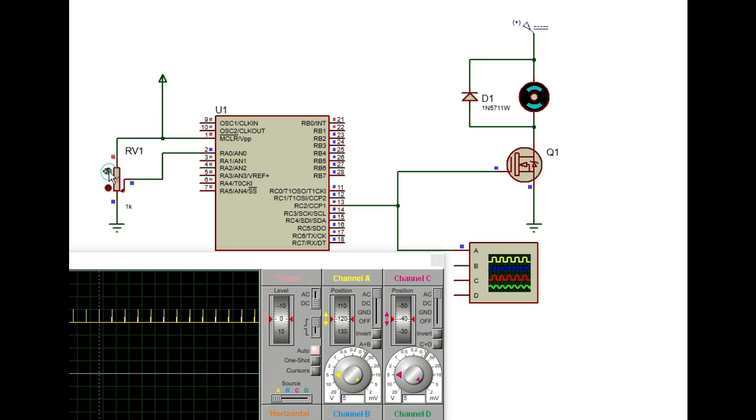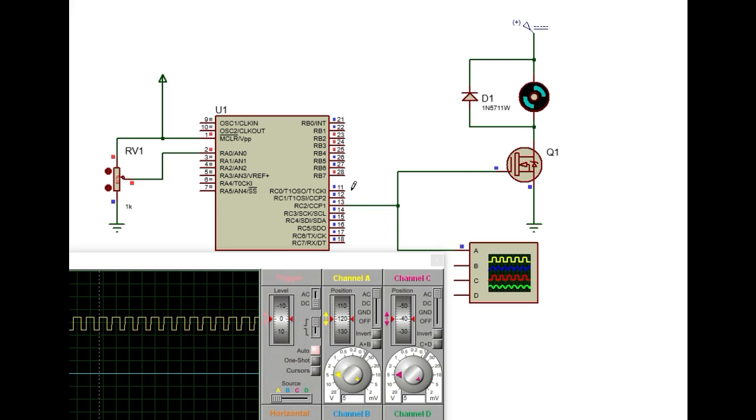Now if I increase the variable here, I mean increase the voltage to the ADC, and ADC reads some value, you can see here the increment, then motor speed also increasing little by little, right? So like this, if I keep increasing the ADC pin voltage, the value is increasing, the PWM is also increasing.